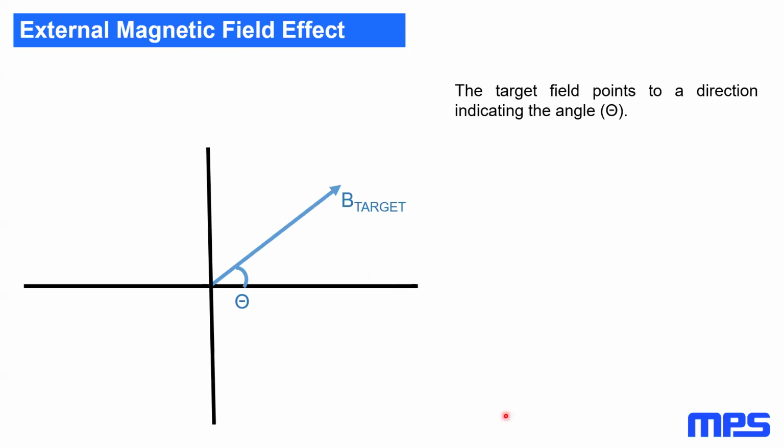Okay, and then we have our third, and really what we're going to be talking about most of the webinar today is the effect of an external magnetic field. Here, you'll see I'm focusing on position sensing. I think it's pretty straightforward for current sensing. For current sensing, that field just biases the Hall effect sensors to the point where it thinks there's more current than there actually is.